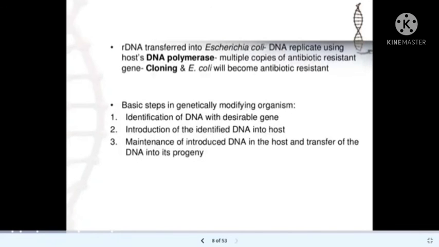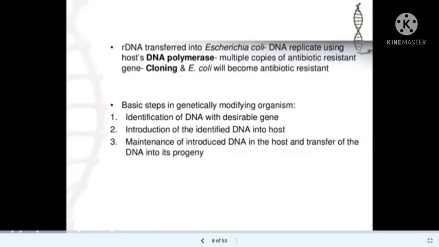In the next slide, we will see the recombinant DNA now transferred to E. coli, because our aim is to create the antibiotic resistant property in E. coli.